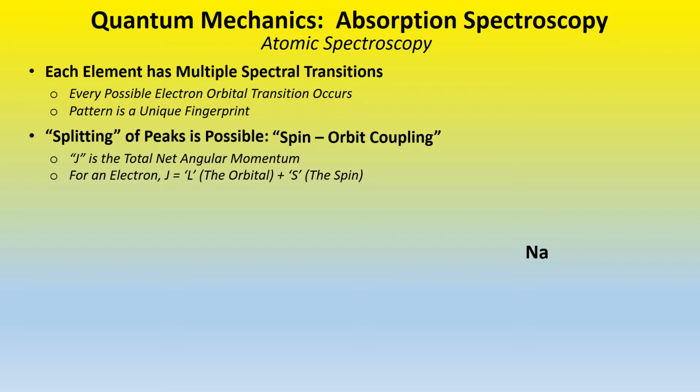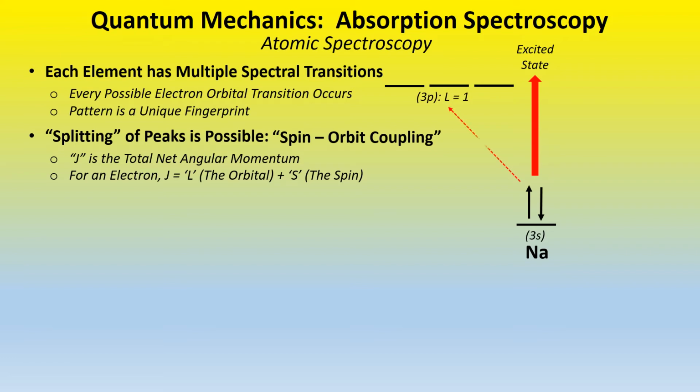So let's consider the sodium atom, which at ground state is 3s2, with one electron up and one electron down. Upon excitation, the up electron could be elevated, in which case, for a 3p orbital, L is 1, S is 1/2, and J being 1 plus a half is 3/2.